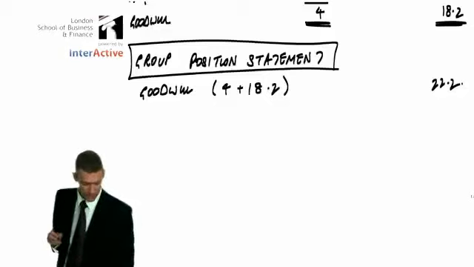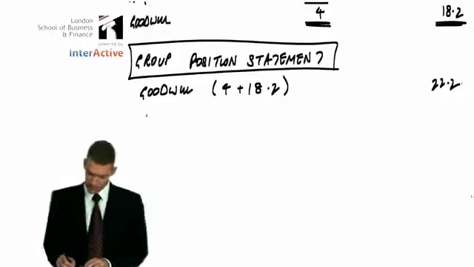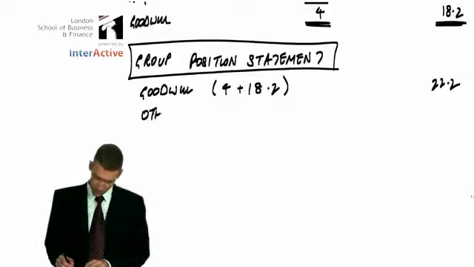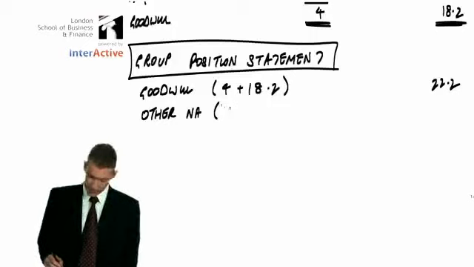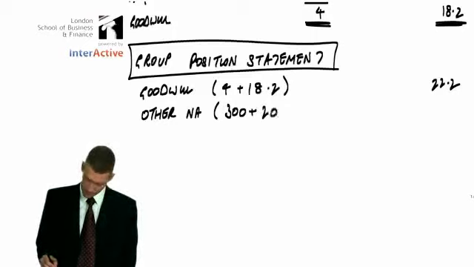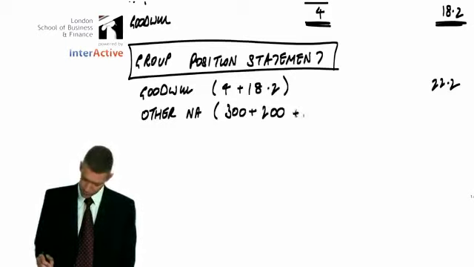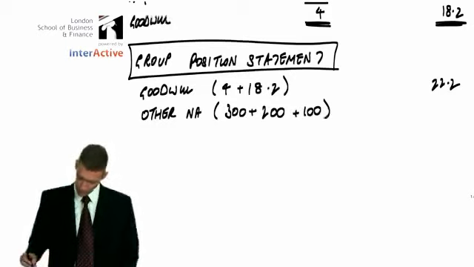Net assets, we have absolute control of the entire net assets. Maybe I'll call it other net assets. We've got 300, we control that, 200, we control that, and 100, we control that.